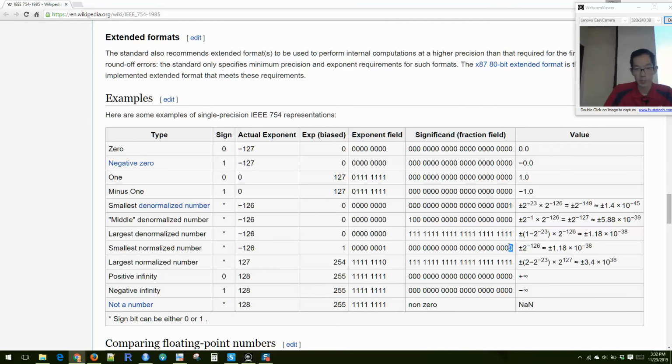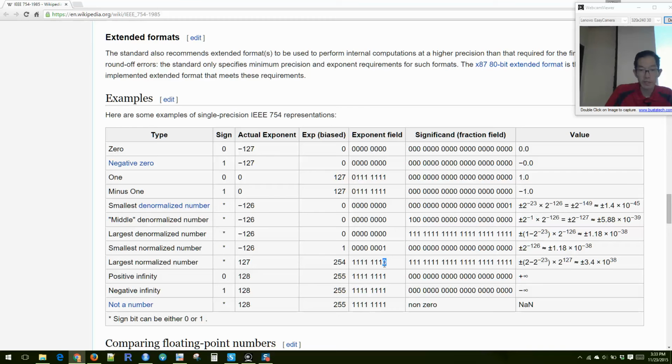Whereas if we filled this all out with 1s, we would get the largest normalized number, which would be raised to the positive 127.